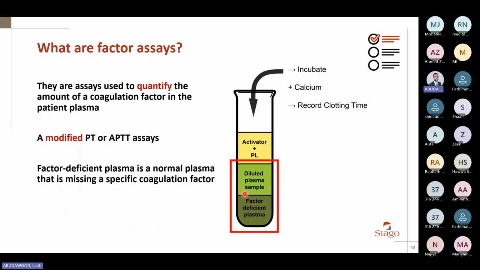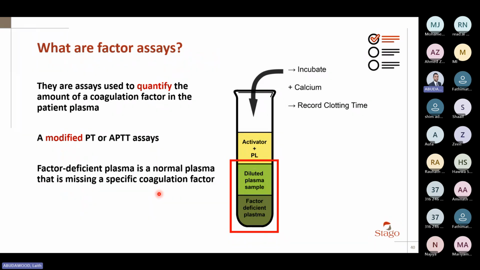So when I mix my patient plasma with the deficient plasma, let's say I'm running a factor 8 assay, the only source of factor 8 will be my patient, because for factor 8 assay, I use factor 8 deficient plasma. So the factor 8 deficient plasma has no factor 8. The only source comes from the patient. So I'm really measuring in this assay the factor 8 that comes from the patient blood. That's how a factor assay works.